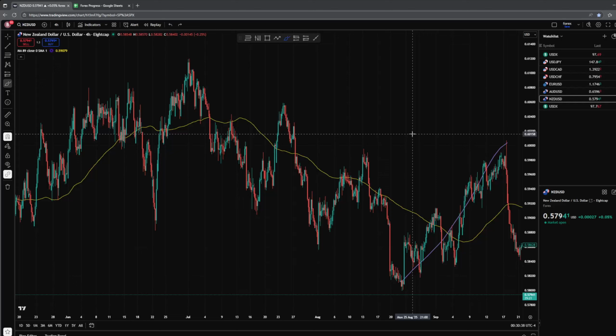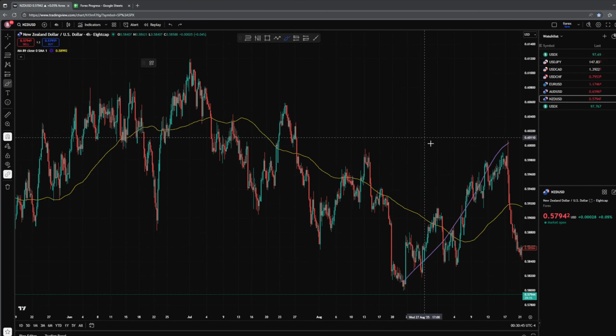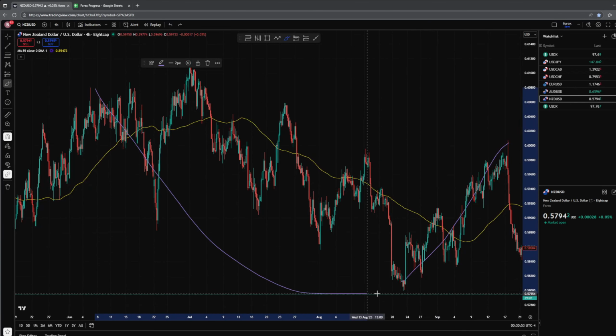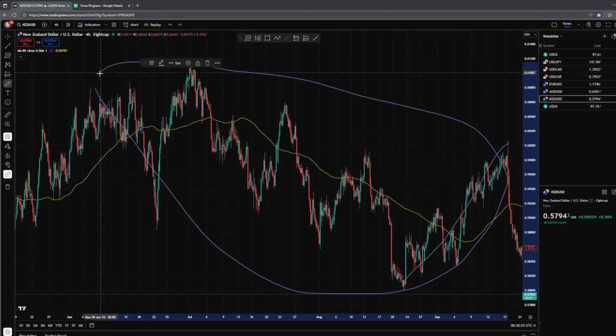A week ago, according to my trading system, New Zealand dollar USD was considered a trend reversal, which is perfect execution of my trading system, but I failed to see the overall picture. The overall picture was that there's a possibility the overall trend is still down.